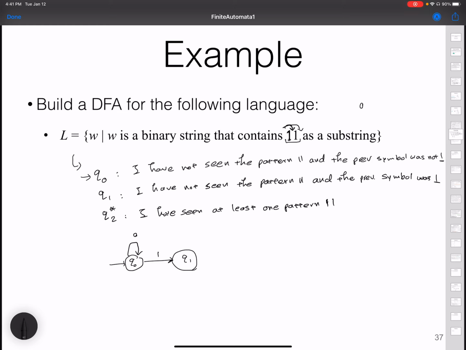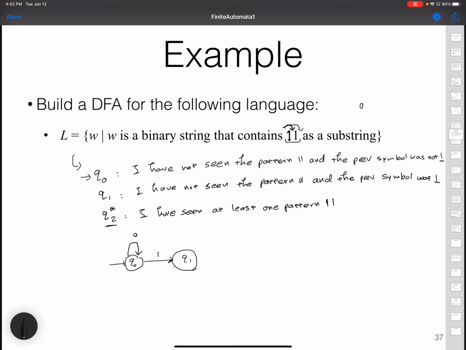Okay, the transitions for Q1. At Q1, if you see a 0, where should you go? Can you stay at Q1? Be careful. If you are at Q1, you haven't seen the pattern 1, 1, right? So definitely you cannot go to Q2. And if the input symbol that you are reading is 0, it means that you cannot even stay at Q1, because if you are at Q1 and you see a 0, the last input symbol that you saw is not 1 anymore.